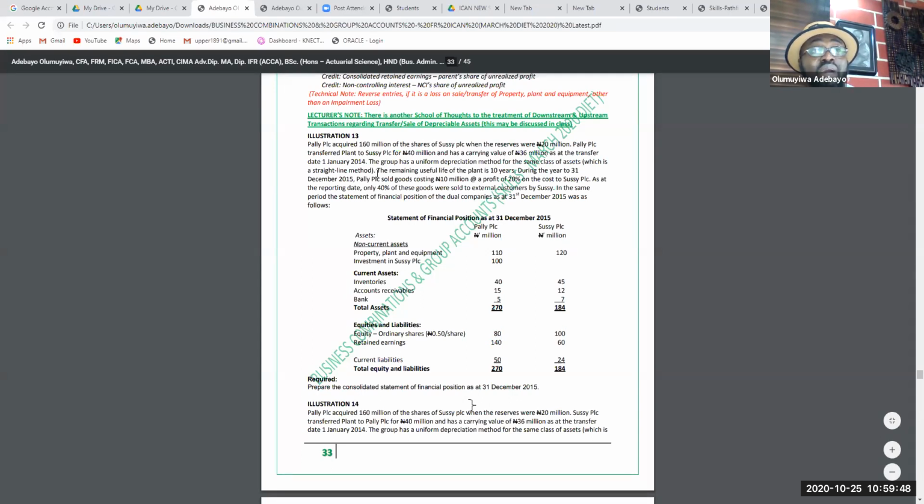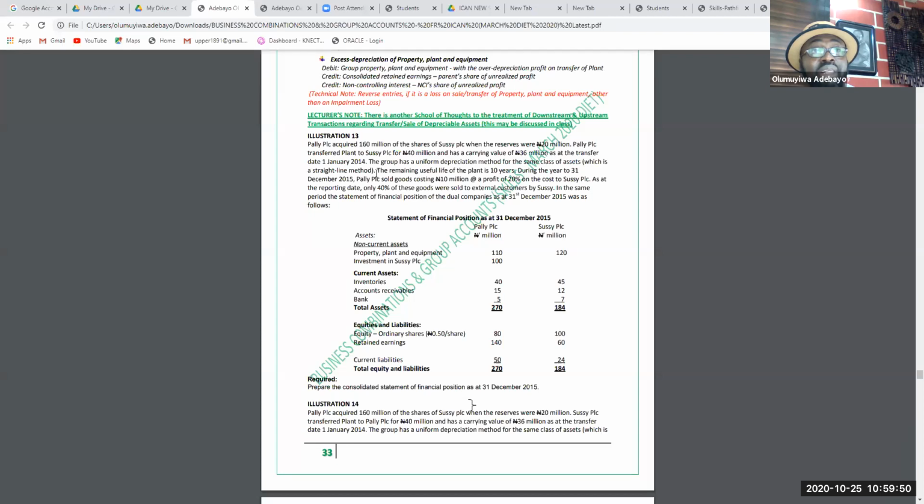Pali PLC acquired 160 million shares of Suzy PLC when the reserves were 20 million naira. Pali PLC transferred a plant to Suzy PLC for 40 million naira, and that plant had a carrying amount of 36 million naira as at the date it was transferred, which was 1st of January 2014.